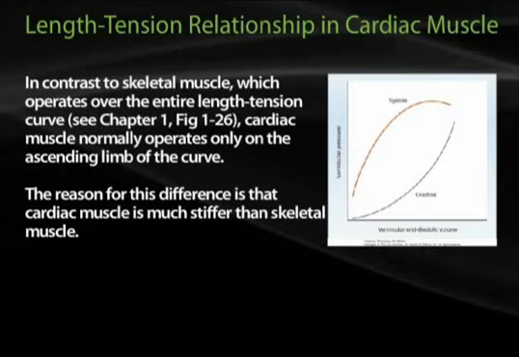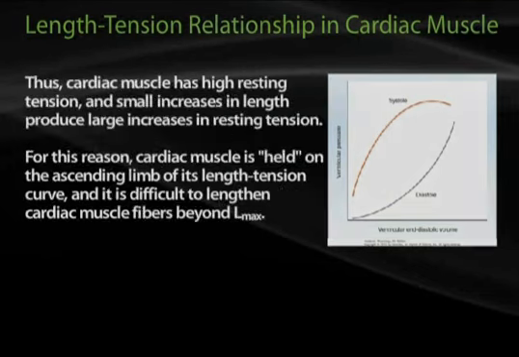In contrast to skeletal muscle, which operates over the entire length-tension curve, and this can be seen in chapter 1, cardiac muscle normally operates only on the ascending limb of the curve, which is the left portion of the systolic curve. The reason for this difference is that cardiac muscle is much stiffer than skeletal muscle.